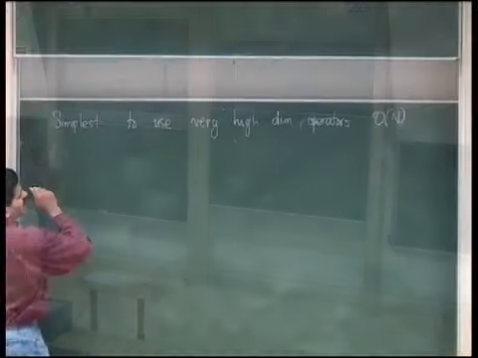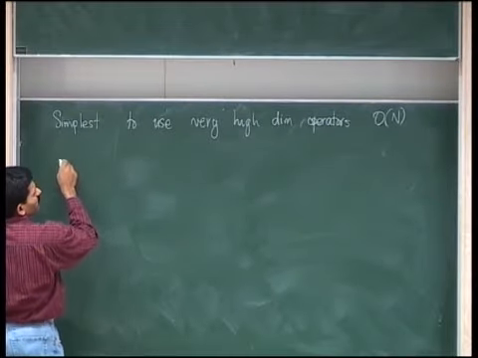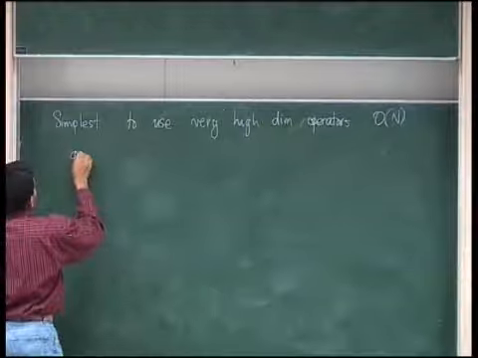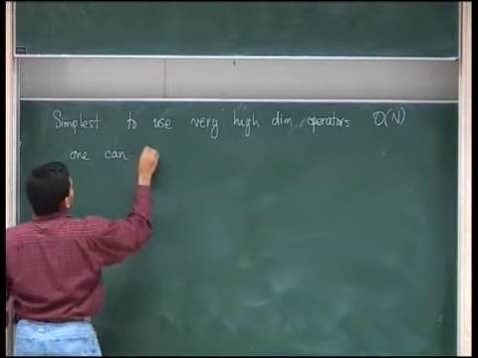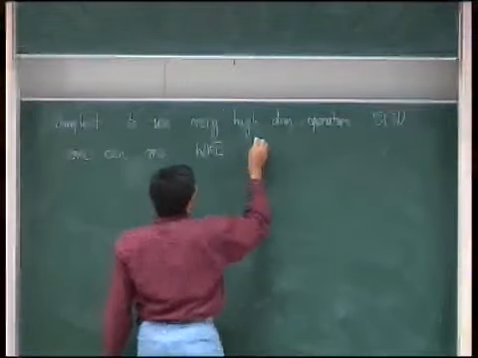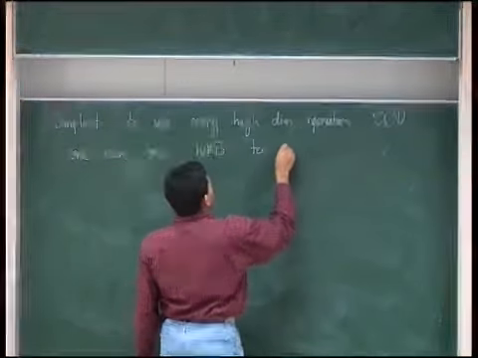So if I look at very high dimension operators of order n, one can use WKB to approximate the correlator.